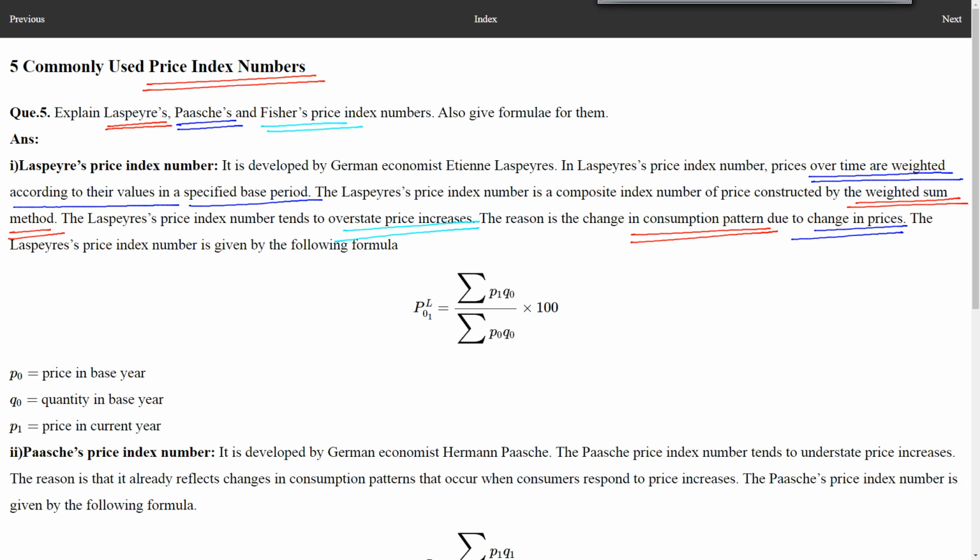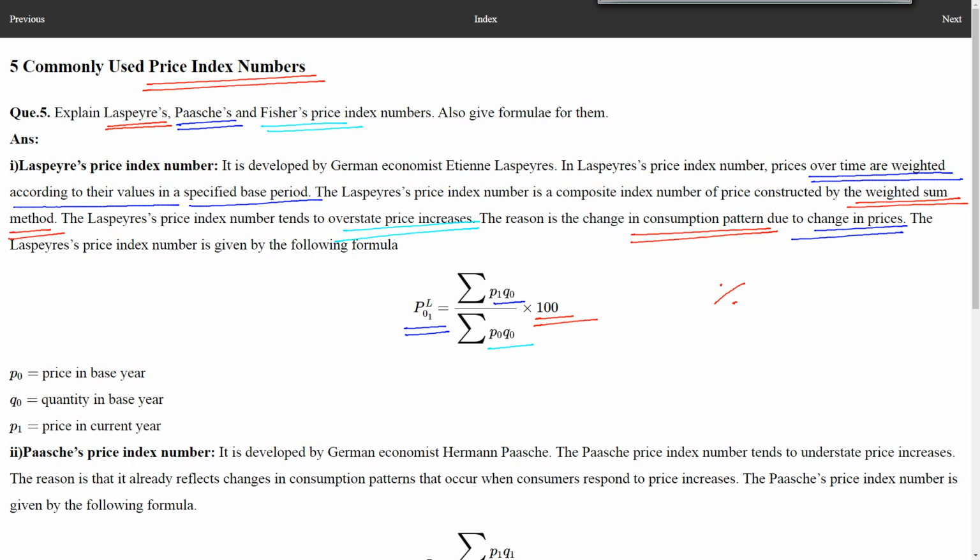It is given by the formula P01L is equal to summation P1Q0 upon summation P0Q0 into 100. We multiply this ratio by 100 because it is expressed in percentage.